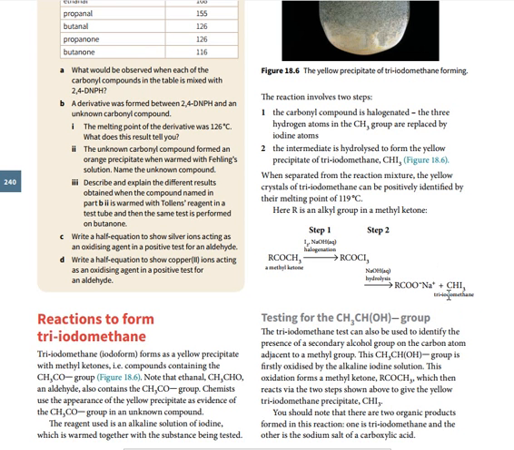So now let's continue with the next point. We have now the testing of the CH3CHOH group. In order for you to test for this group, look at the relation between this group and this group. This group is the corresponding alcohol for the formation of this ketone, this carbonyl compound.